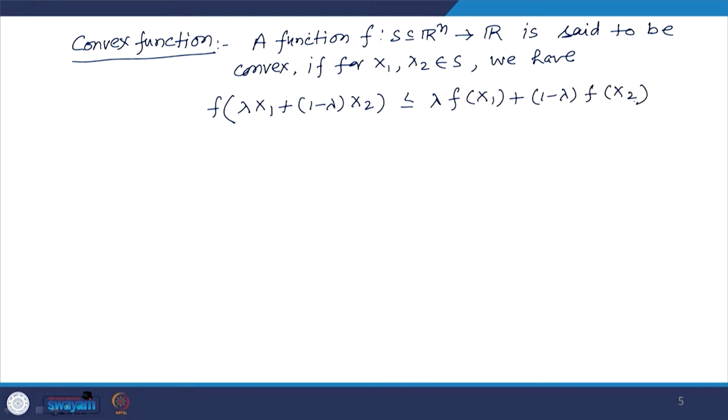So, mathematically a function which satisfies this property is called a convex function, where lambda is between 0 and 1.